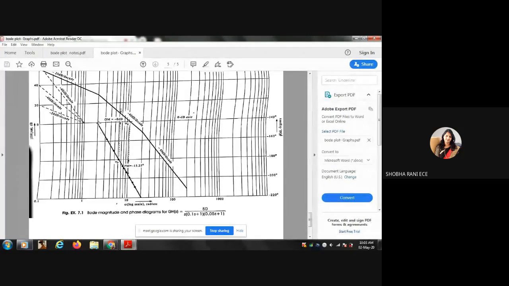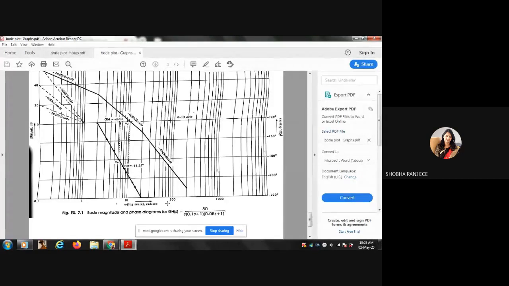So after you have joined all the points using a smooth curve, the next step is to find out what is the gain crossover frequency and what is the phase crossover frequency. This is not explained anywhere, so just be alert and listen to what I am telling you. In this Bode plot, after you have sketched the magnitude plot and the phase plot, you have to remember 4 very important parameters.